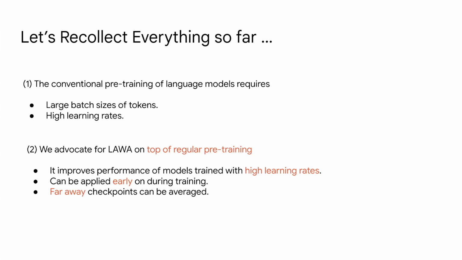And it can be applied early, as Rosine was asking, and you can have far away checkpoint averages. So you don't have to store every checkpoint and run out of GPU disk space or CPU memory. You can keep on averaging and deleting, and since these are far away, you don't have to keep storing these checkpoints during your training run. So it also helps you in saving disk space.